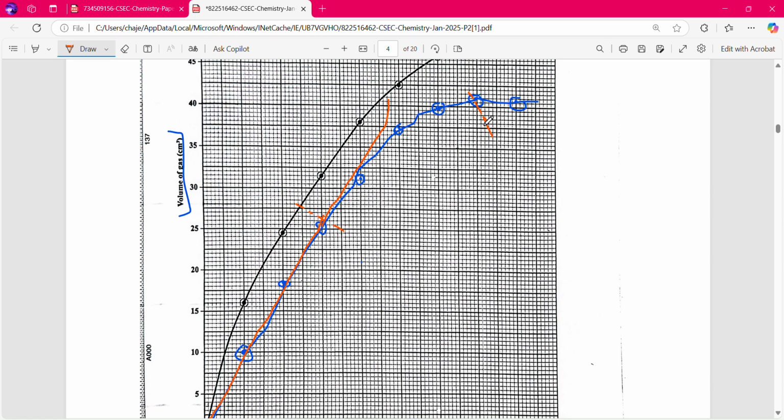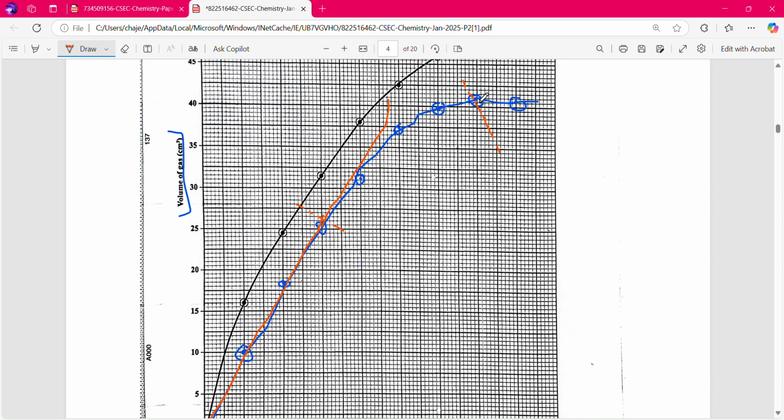And how do you know that the reaction has stopped? What straight line? I have a lot of straight lines. What straight line? Okay, so we have a constant volume towards the ending there.